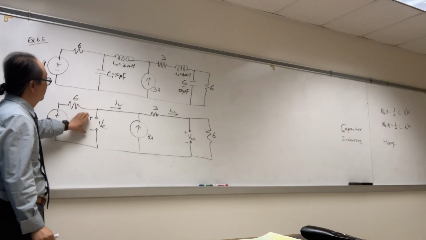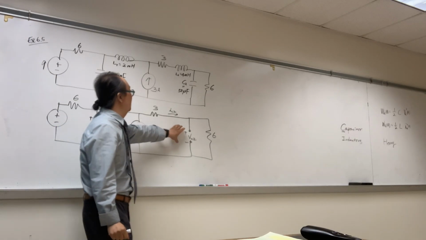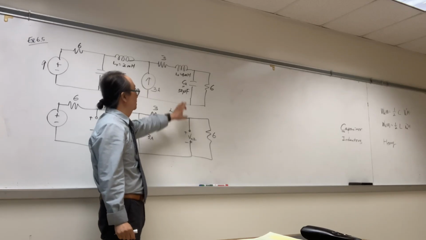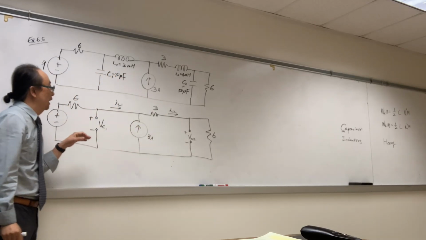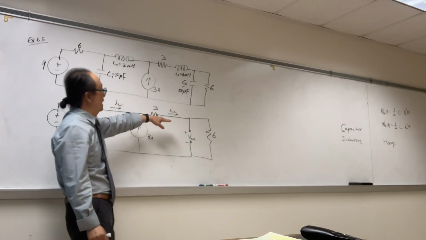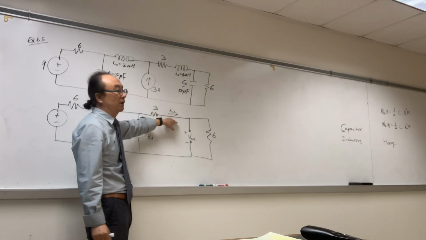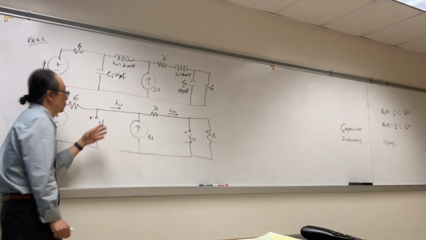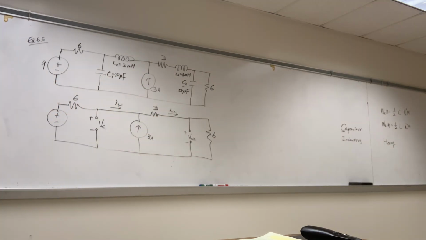So I label VC1, VC2 as an open circuit, replacing these capacitors. And then IL1, IL2, we label where the inductors were. So our objective is to find IL1, IL2, VC1, and VC2.